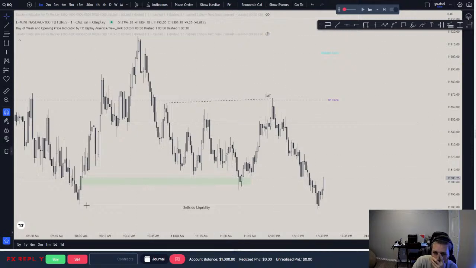I wish I could see more dynamics. I would love to see new week opening gaps, new day opening gaps.